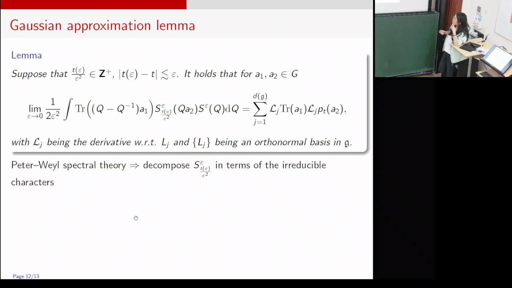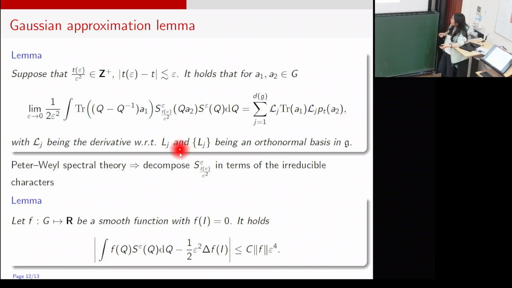And to prove this, we're using the Peter-Weyl spectral theorem to decompose this convolution of the transition probability in terms of some irreducible characters. So for this Lie group, the irreducible characters play the same role as the eigenfunctions of the Laplacian operators. So it's like using spectral decomposition for these terms. We can replace this part by some irreducible characters.